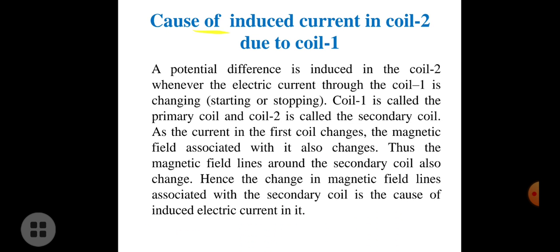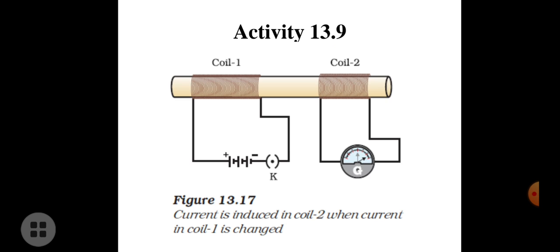So, the cause of induced current in coil 2 due to coil 1. Actually, before switching on the circuit, the current in coil 1 was 0, and when we switch on the circuit, the current increases from 0 to a maximum value.